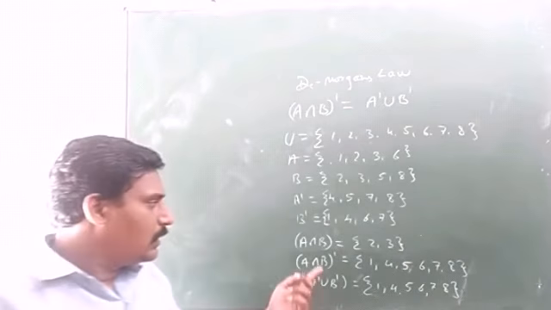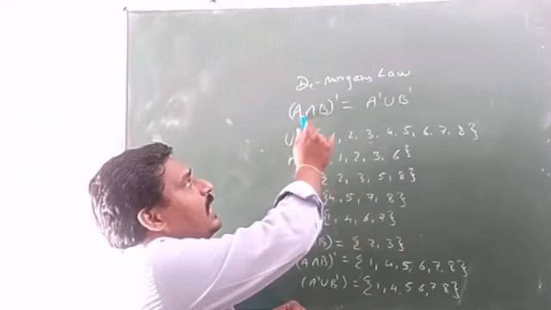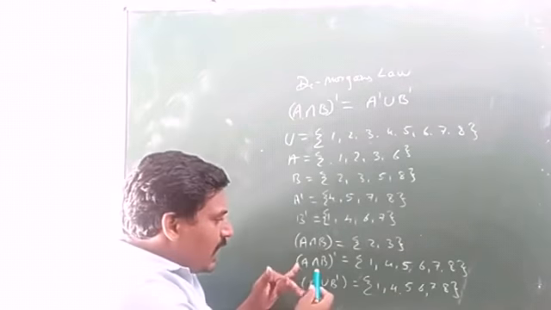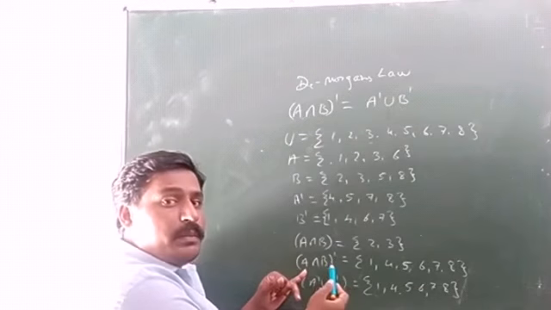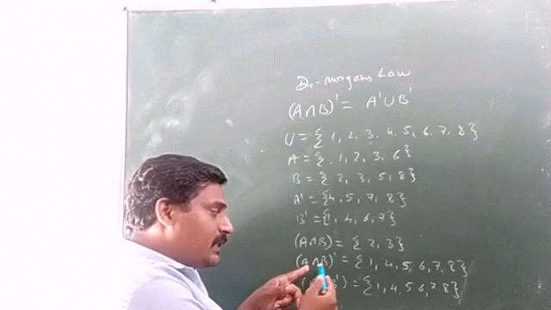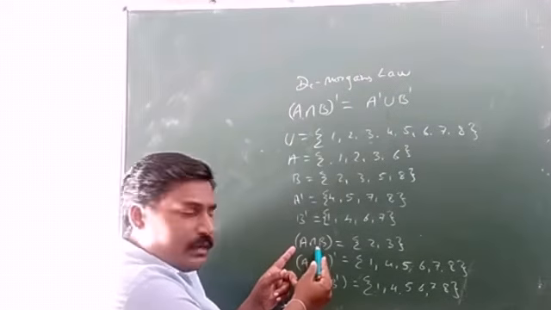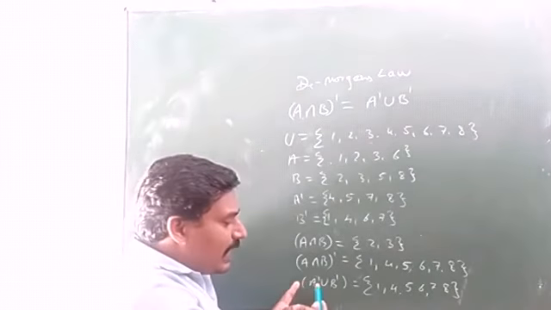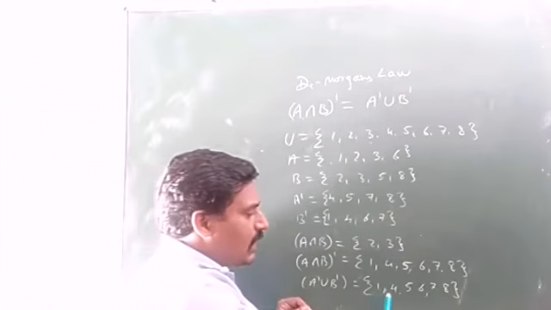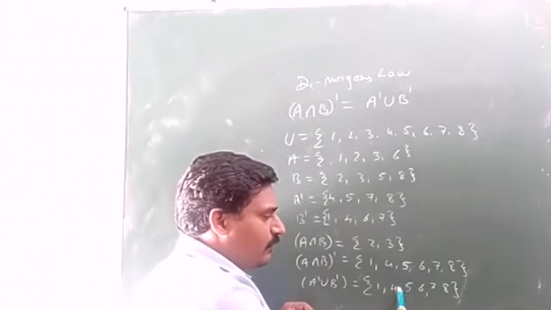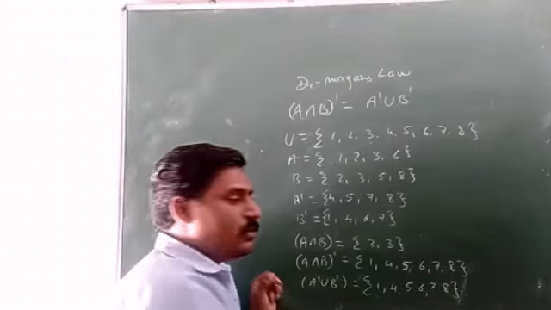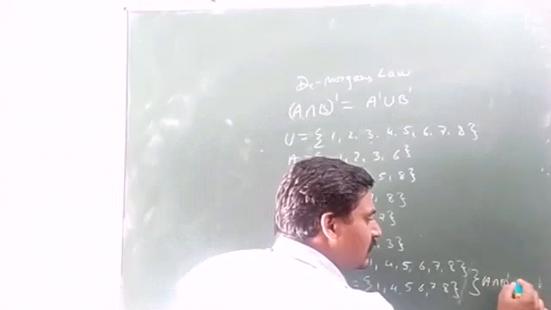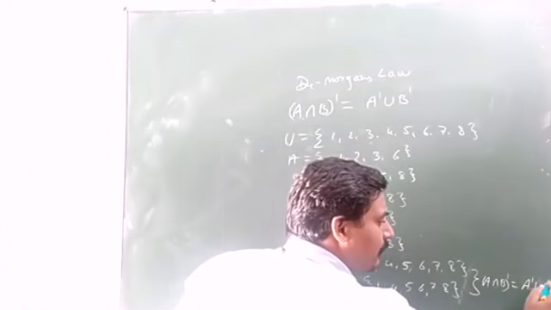So what the law says is (A intersection B)' is equal to A' union B'. The complement of A intersection B has 1, 4, 5, 6, 7, 8, and A' union B' also has the same objects: 1, 4, 5, 6, 7, 8. Hence (A intersection B)' is equal to A' union B'.